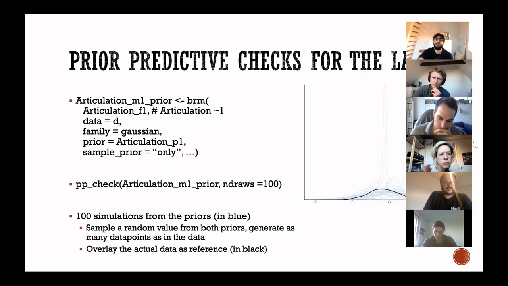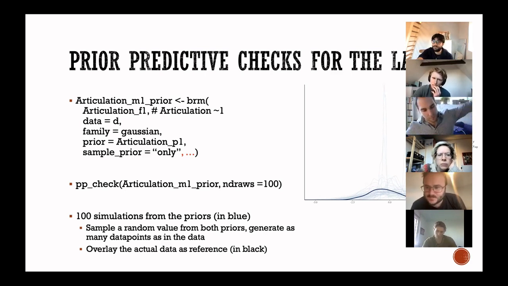The function is called BRM, Bayesian regression model. There's a formula, articulation F1. There's the data that we have, deep. There's the likelihood function, that's the Gaussian. And there's the prior, articulation P1. And then we say sample only from the prior. Don't look at the data.